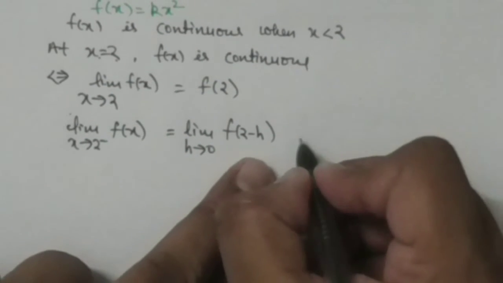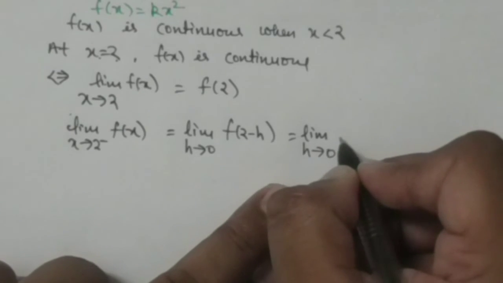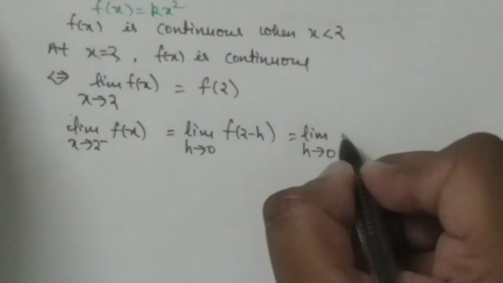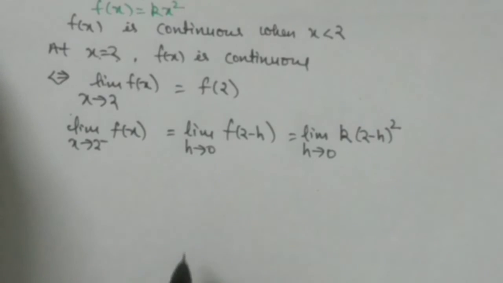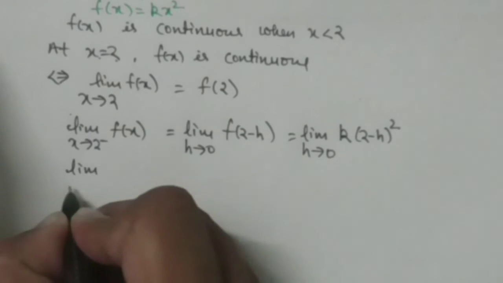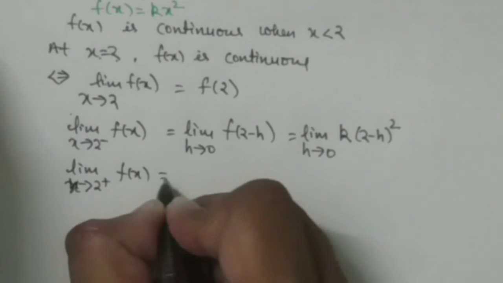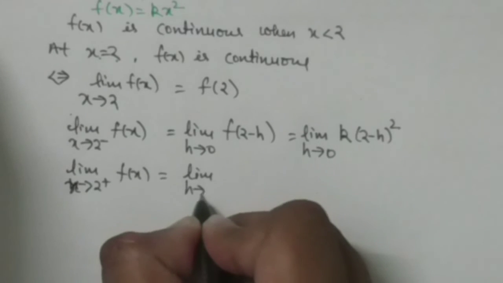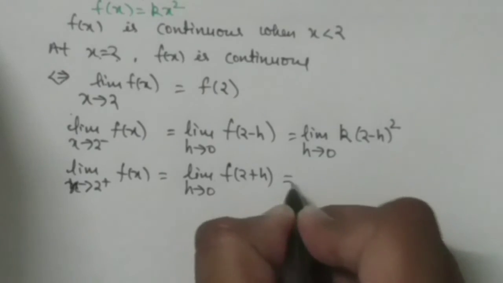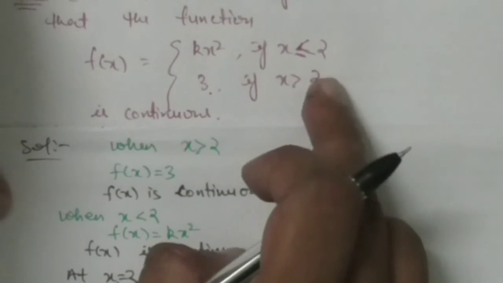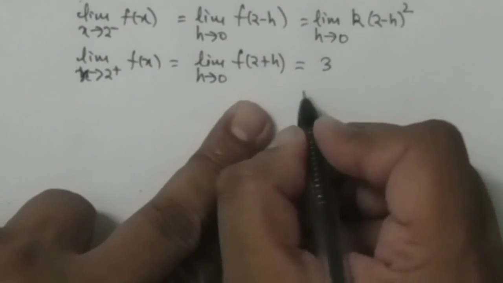So f(2 minus h) will be equal to k(2 minus h) square. Now see, right hand limit. Limit x tends to 2 plus f(x) is equal to limit h tends to 0 f(2 plus h). Now when x is greater than 2, f(x) is equal to 3. So it will be equal to 3.